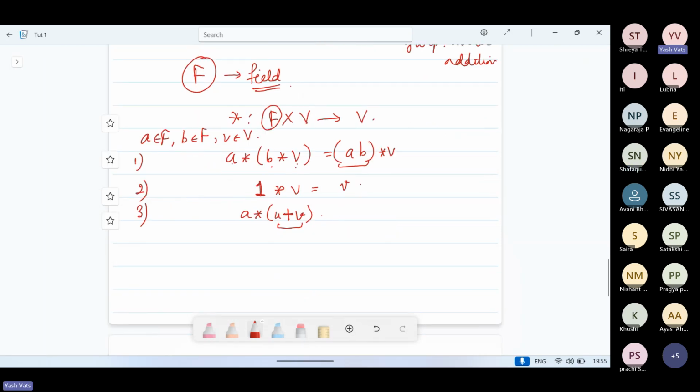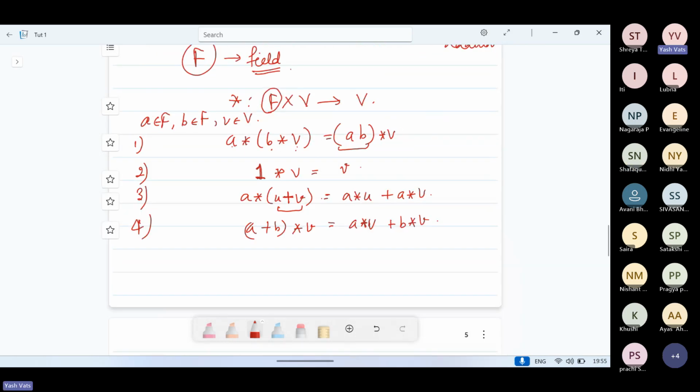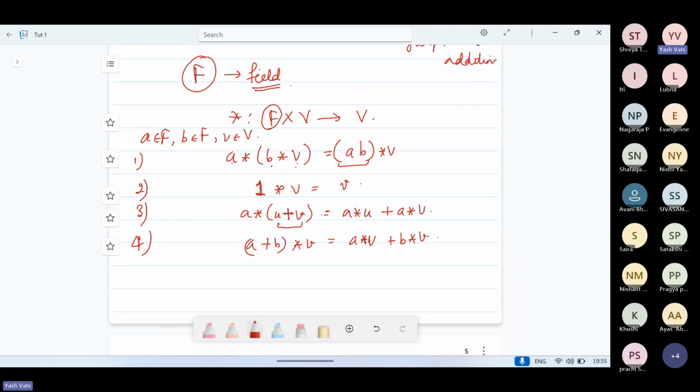Then you get A star U plus A star V, which is an element in V. The fourth property is A plus B star V, which is the same as A star V plus B star V. So all land up in V. Here star is from F cross V to V, a binary operation, but not from V cross V to V.